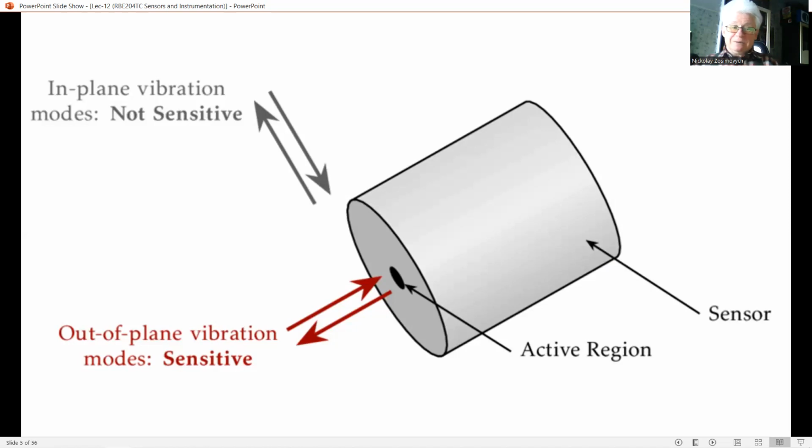This makes the sensor behave as a high-pass filter for input signals, impeding pure static measurement.